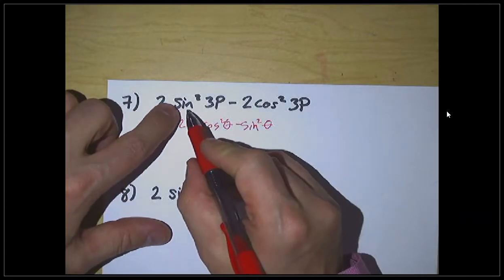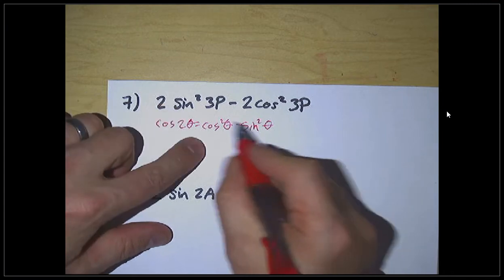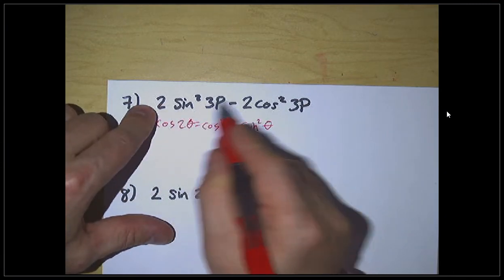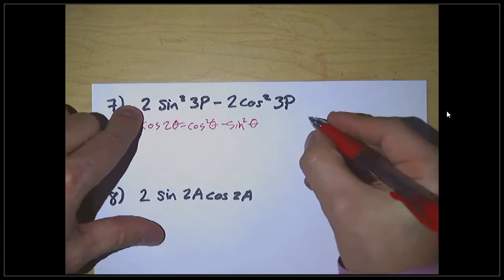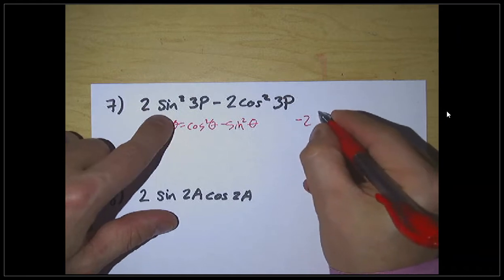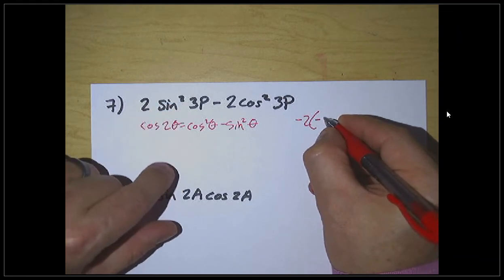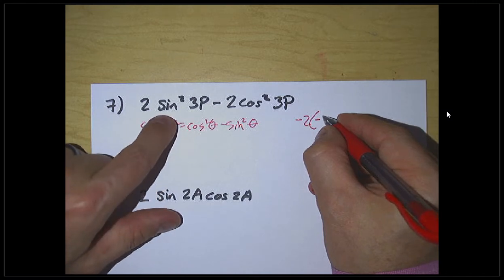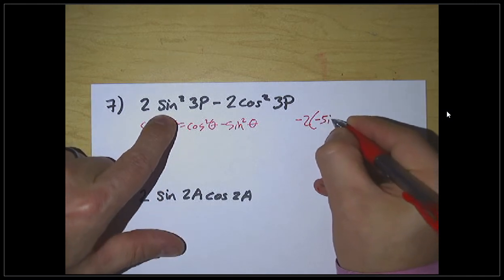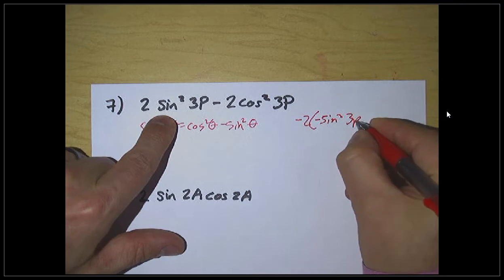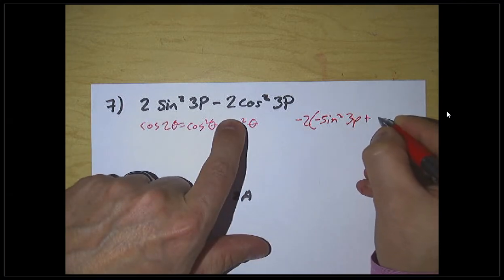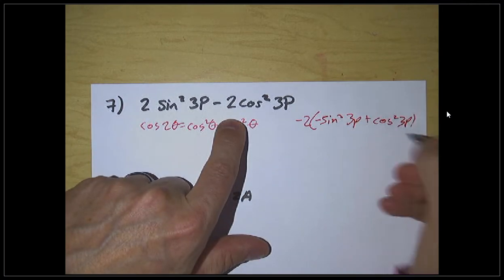Well, this is sine minus cosine, so I'm going to rearrange this. I'm going to factor out a negative 2, so that gives me negative 2 times negative sine squared 3p plus cosine squared 3p.